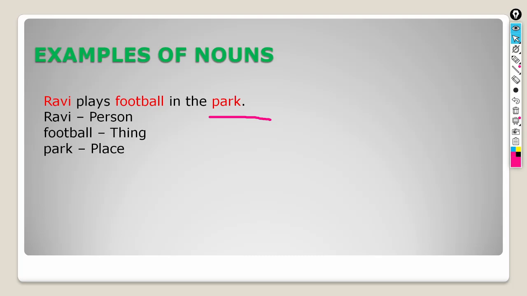What he is playing? He is playing the football. Football is a thing. To which category of the noun it belongs, we'll discuss. He's playing in a place called the park. Park also is a noun, and we'll also discuss to which category of the noun it belongs. Will you proceed?